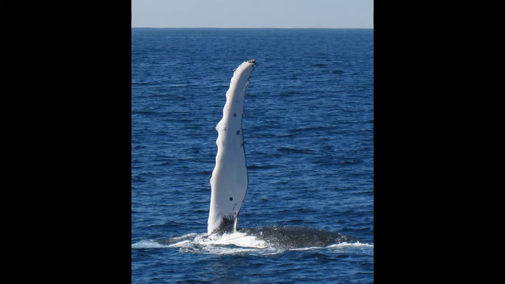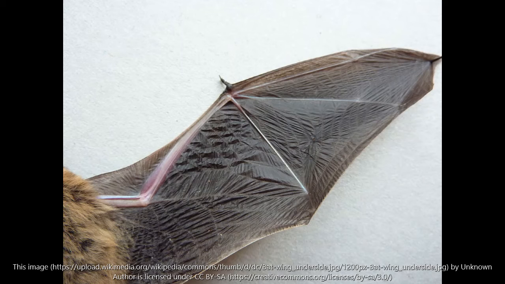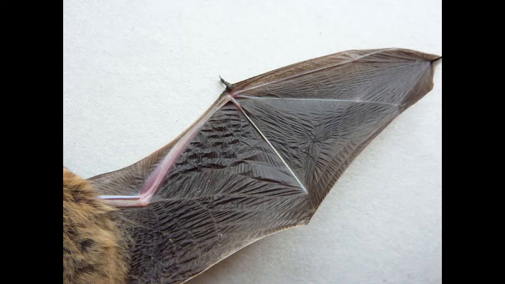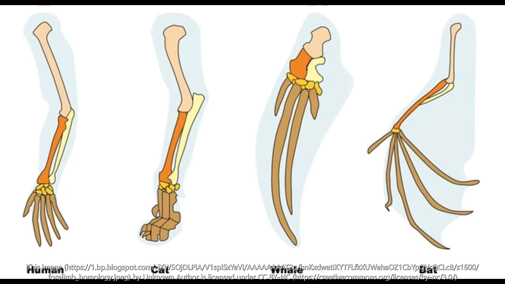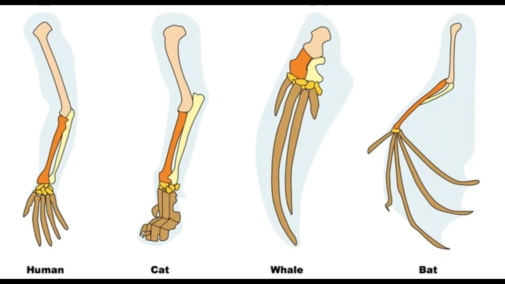But either way, you see the same thing. The bones are all the same. They may have a different shape, but they're all the same bones. And we also see that as coming from a common ancestor, but changing enough for the purpose of that animal.